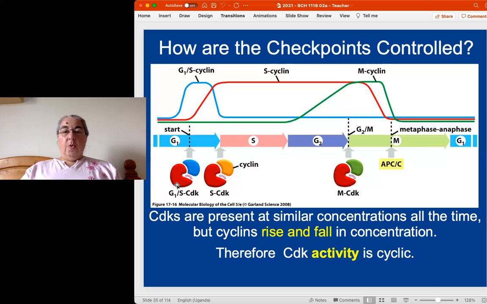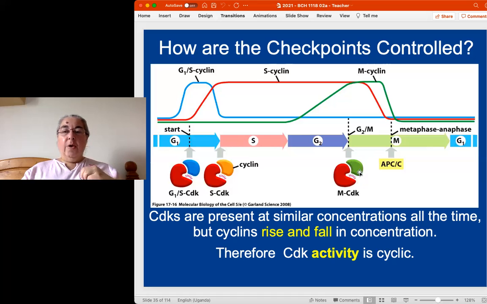Okay, so although these CDKs are there in the cell all the time, they're only actively phosphorylating other enzymes when they're bound to their correct cyclin, and the correct cyclin is only there at different stages of the cell cycle, depending which cyclin we're talking about.